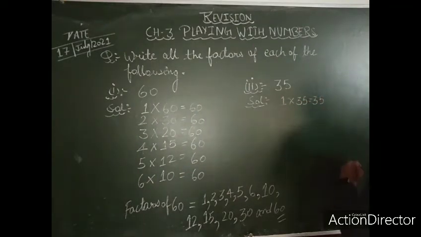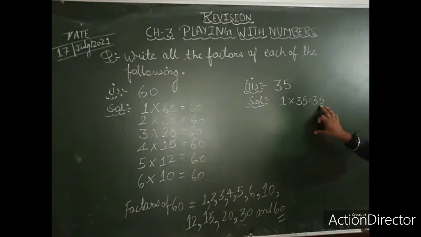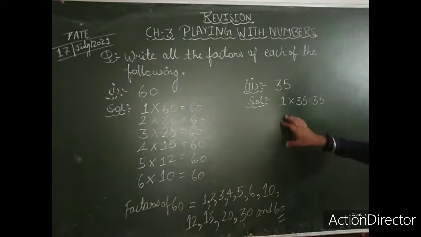Next, if we multiply 2 or 3 by any number, we do not get 35 as a product. Not with 4, but with 5.